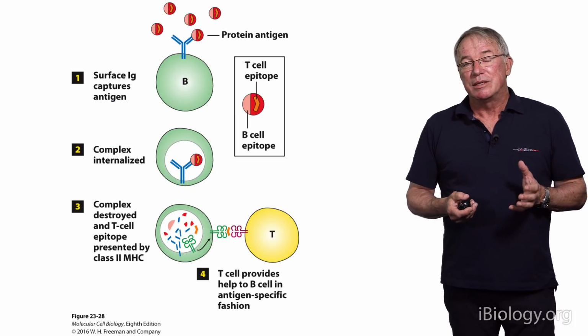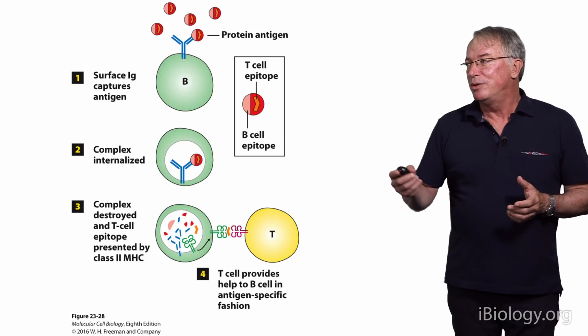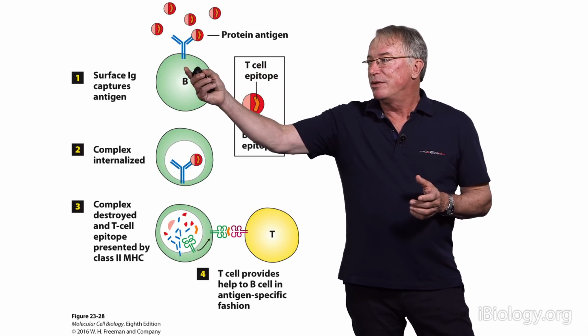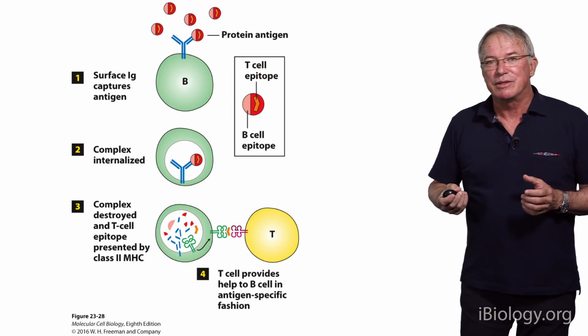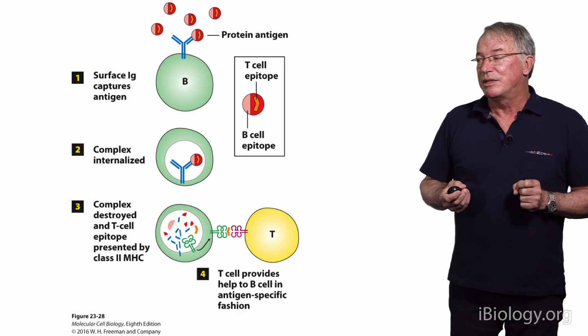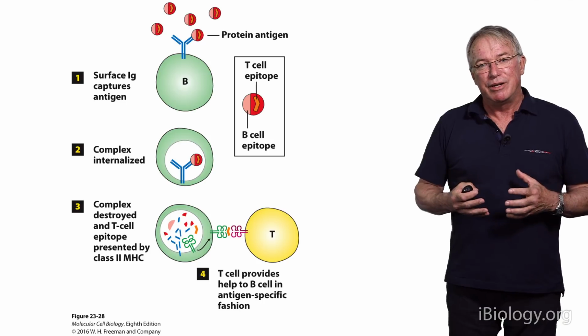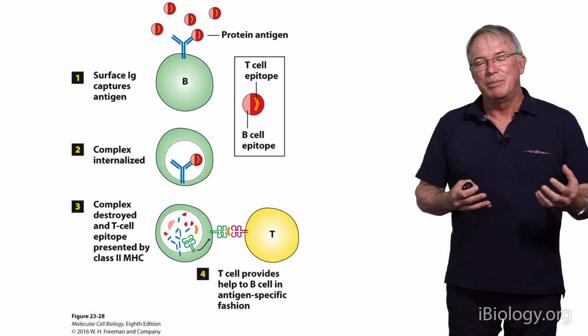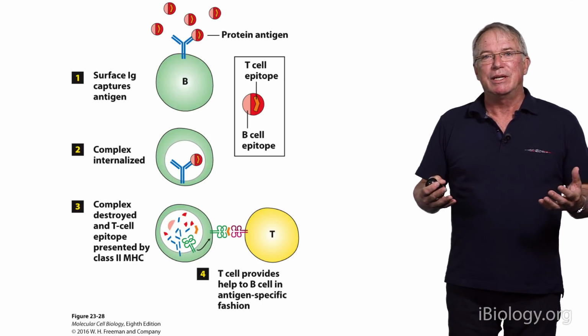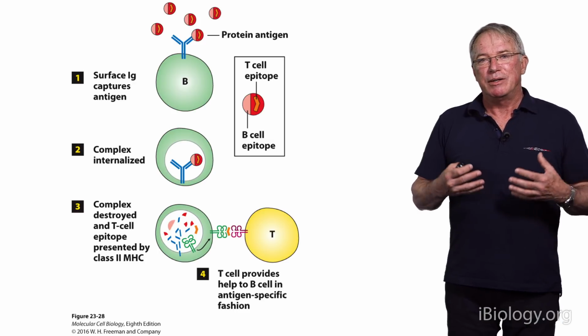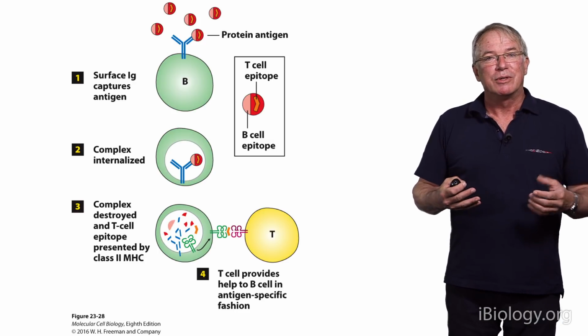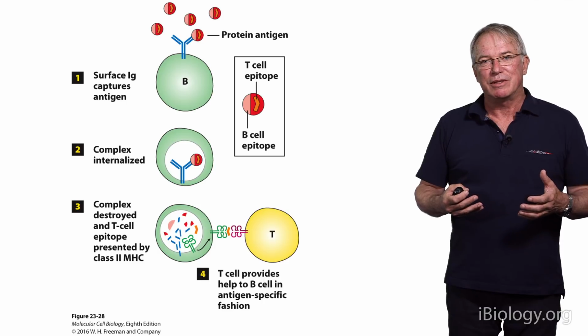The B cell is a specialized case. It too can bind antigen by virtue of the fact that it expresses at its surface the B cell receptor for antigen. The B cell receptor for antigen is really the high affinity capture device that allows the B lymphocyte to probe what's in the external environment and bind only those protein antigens or other foreign substances for which it is specific.